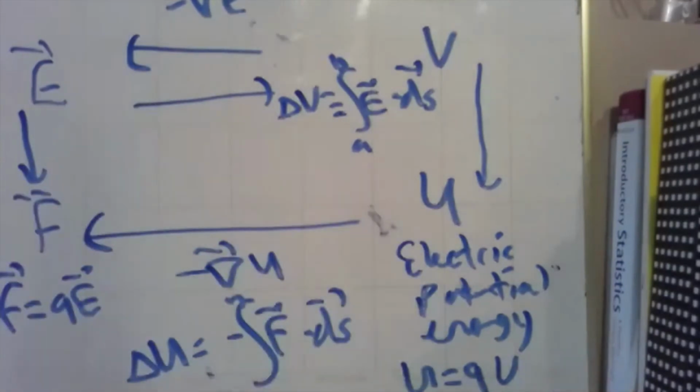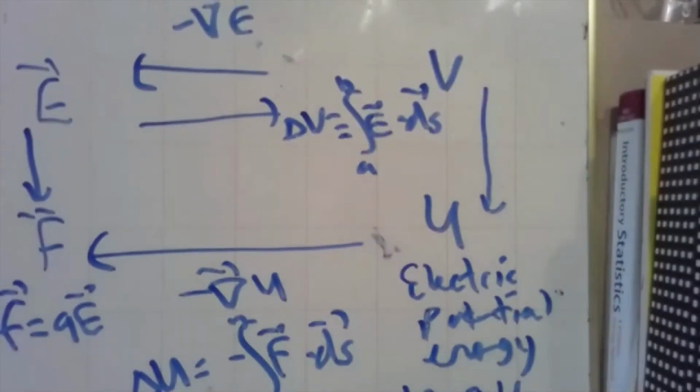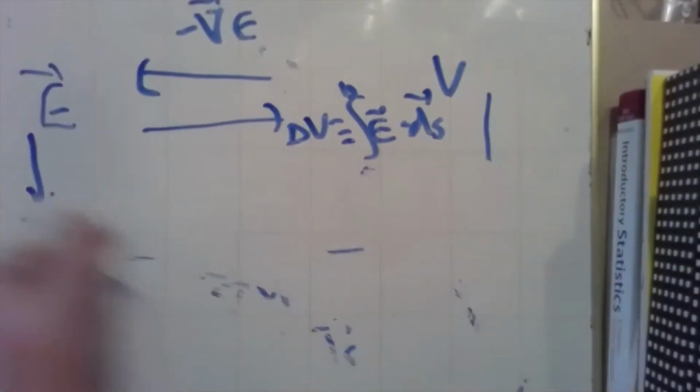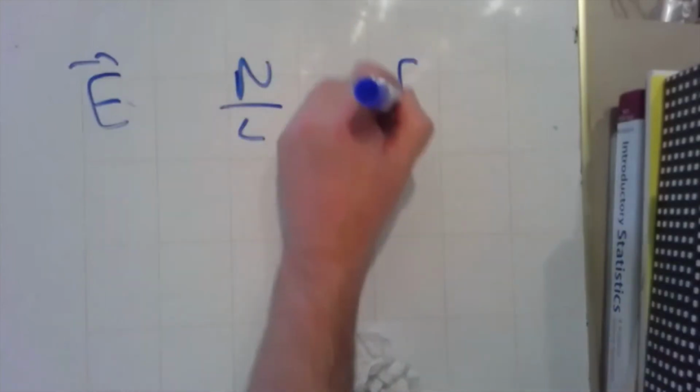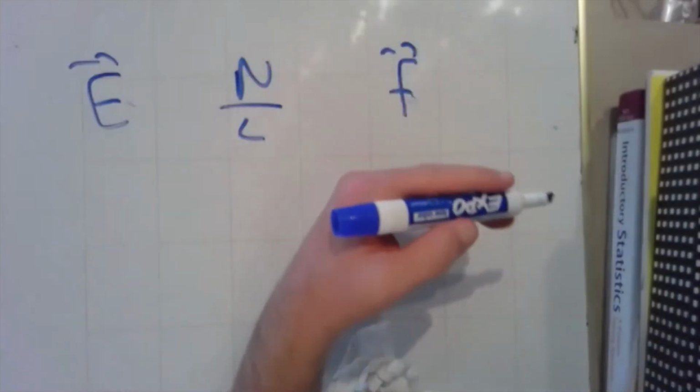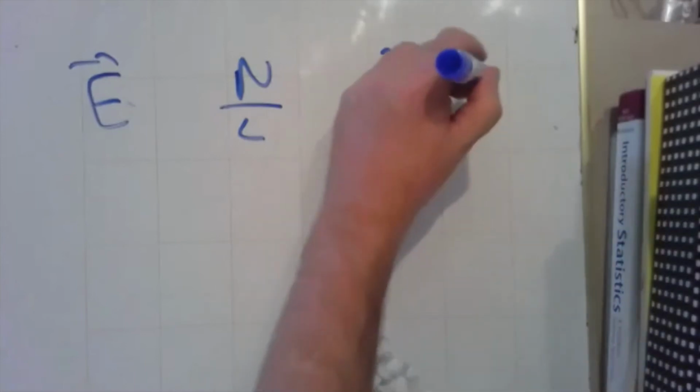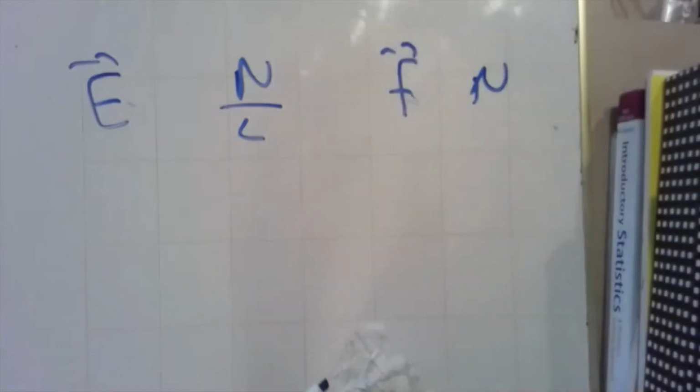So this is the relationship between our four quantities we'll be working with. I'm going to write down explicitly what each one is and what the units of each one are. E is electric field. This is in newtons per coulomb. F is the electric force field. This is in newtons.